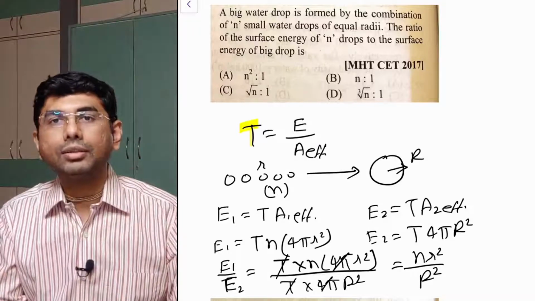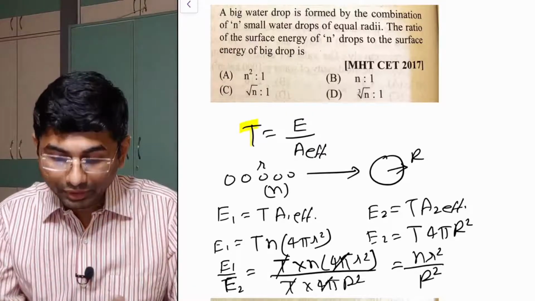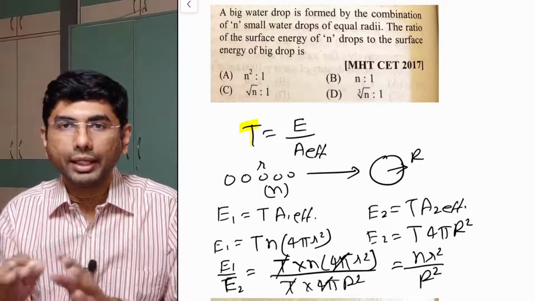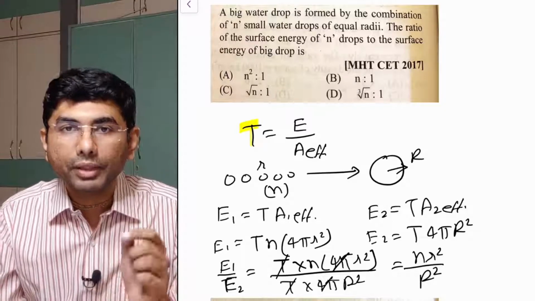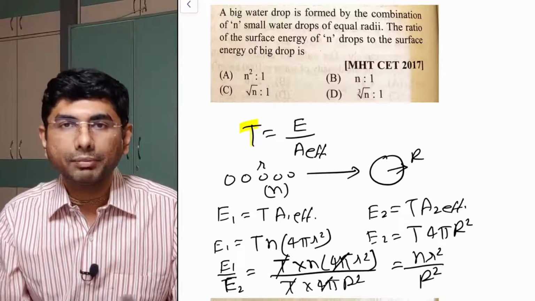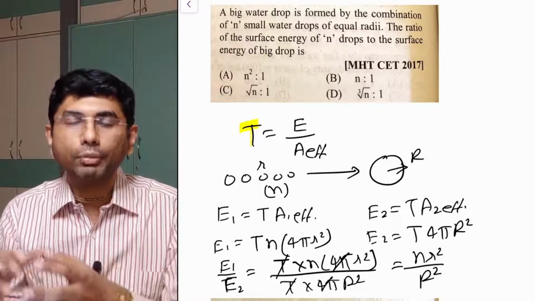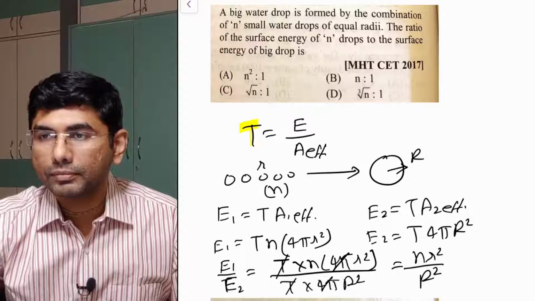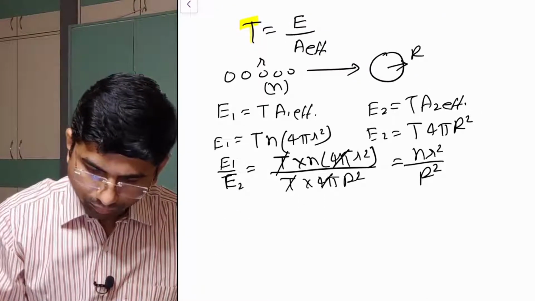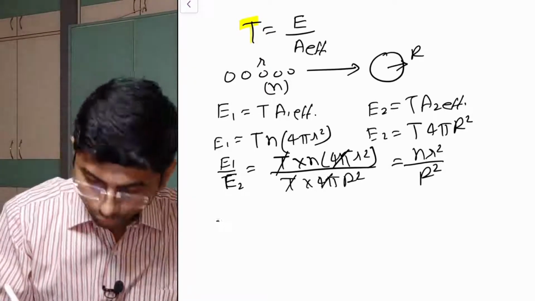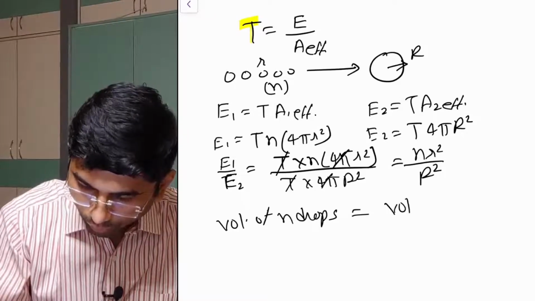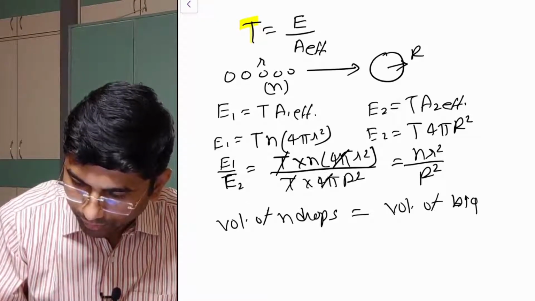Now whatever options I am having, they are not in terms of small r and capital R. Now I need to find out the relationship of small r and capital R. That can be found out with the help of volume of the drops and the droplets. That will be the same, because the same drops are getting combined to form a big drop. Now here one thing is known, volume of n drops is equal to volume of big drop.